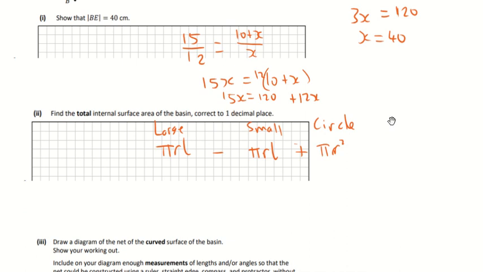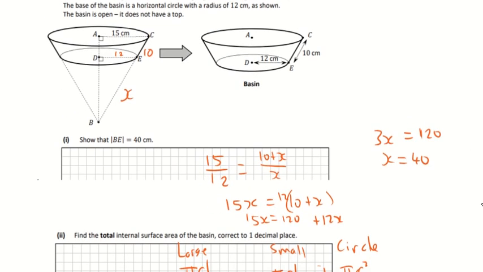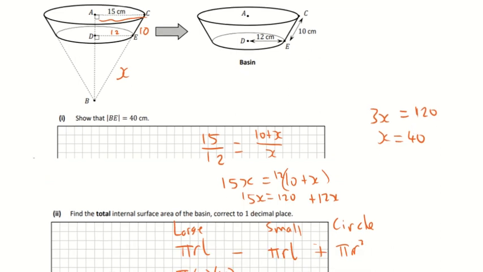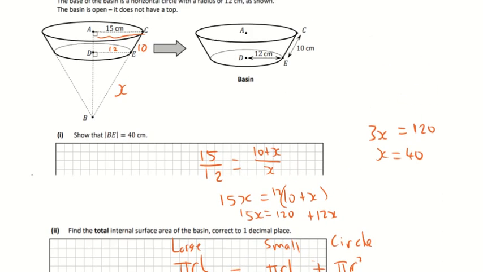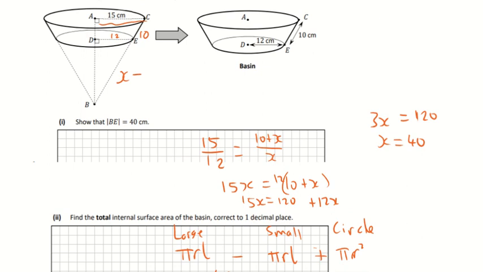So then we're just going to sub in numbers, so it will be pi times 15 times 50. So if you look up here, for the large cone, the radius is obviously 15, and then the slant is going to be the 50, because remember x is 40, so 40 and 10 is 50, so the length up the side, the slant basically, is 50.